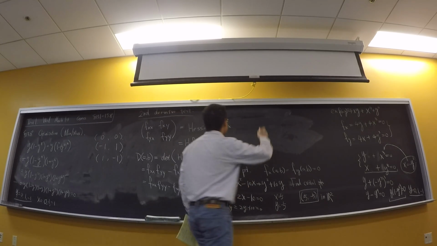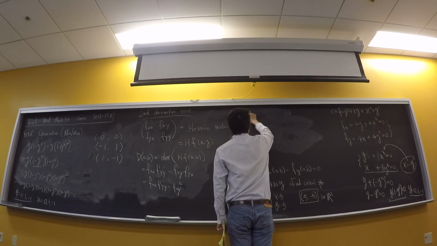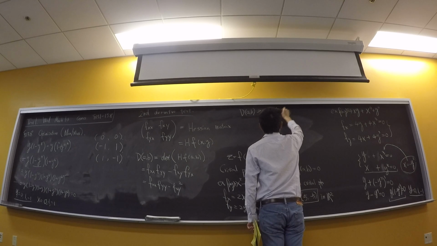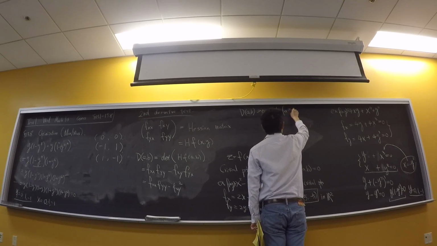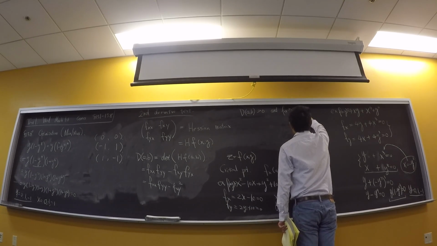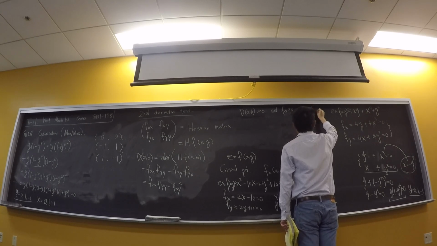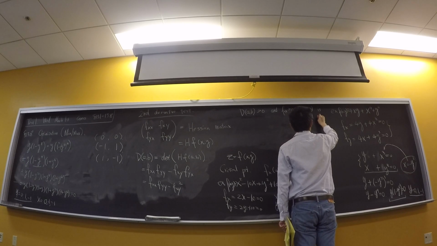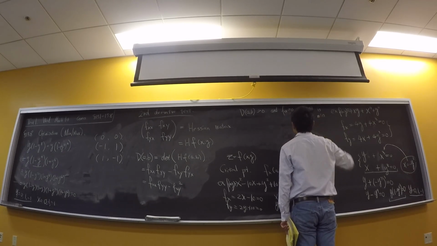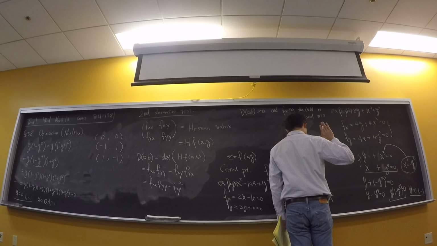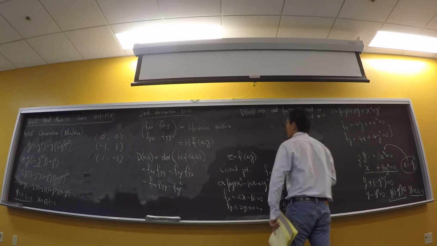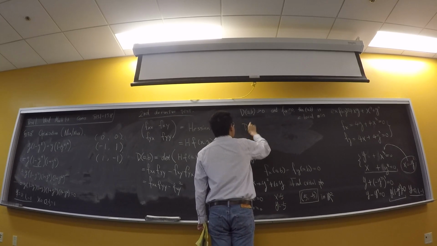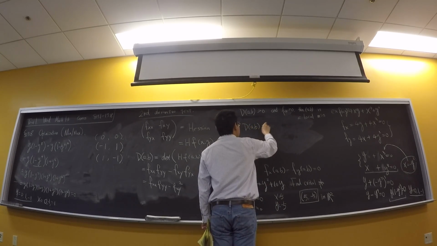So the test is that if D of AB is greater than 0 and Fxx is greater than 0, then AB is a local minimum.